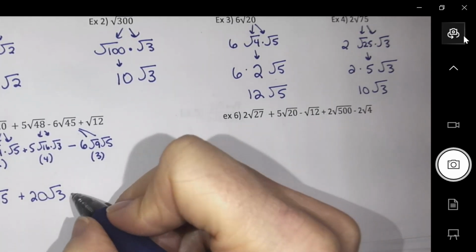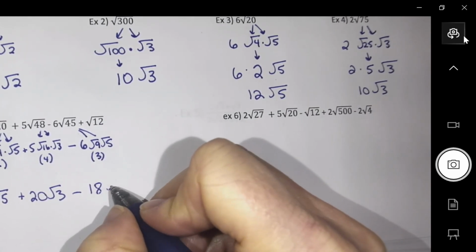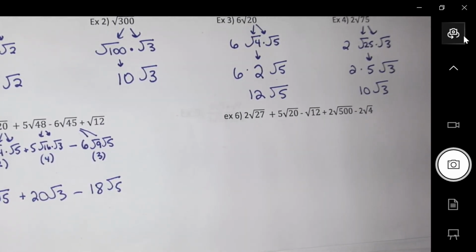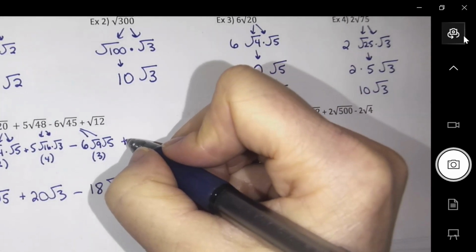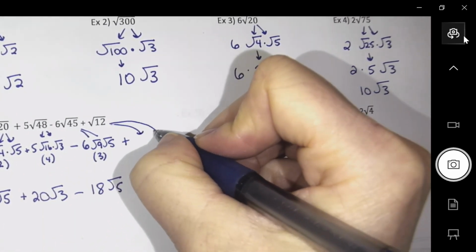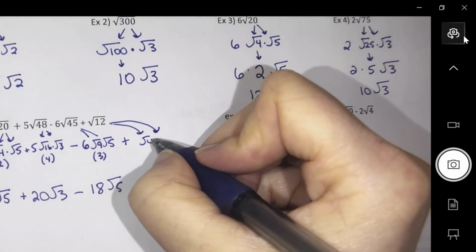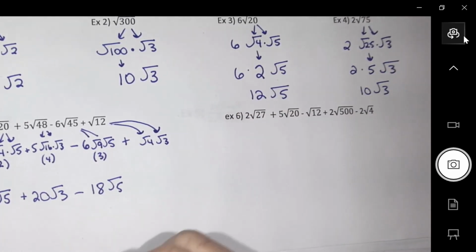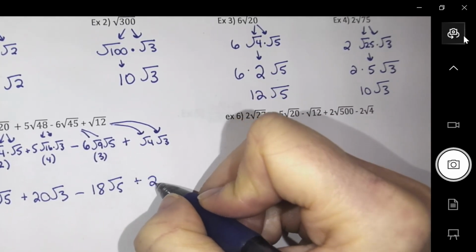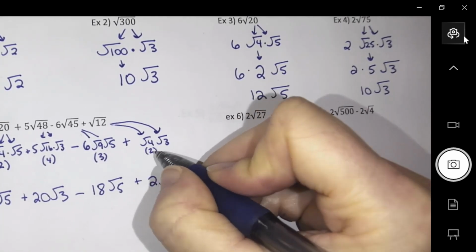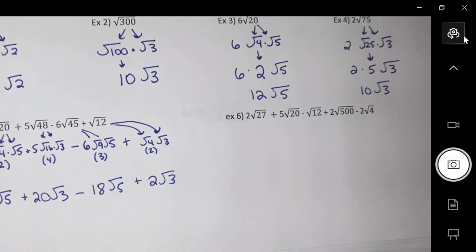And so minus 18 root 5. And then root 12 can break down by 4 and 3. And then the root 4 can change to a whole number.